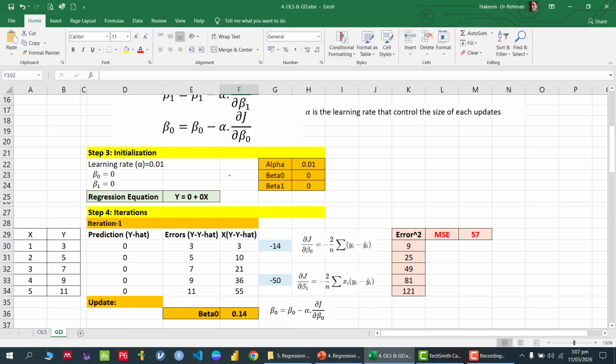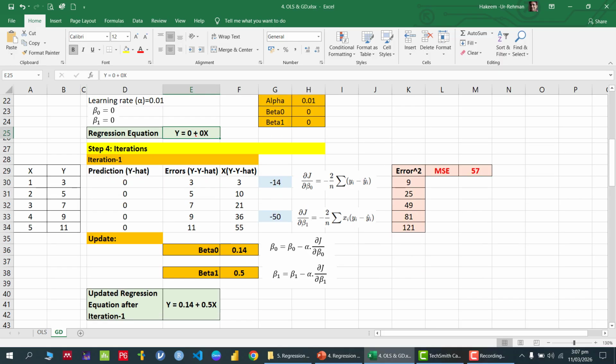I have written down these values and picked the appropriate alpha. The alpha value I am going to use is 0.01. The initial beta naught and beta 1 are 0, 0, and you can pick any number. So based on these, our simple linear regression is going to be y equal to 0 plus 0x.